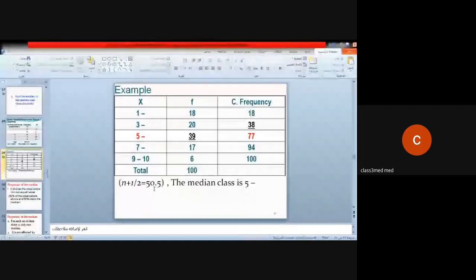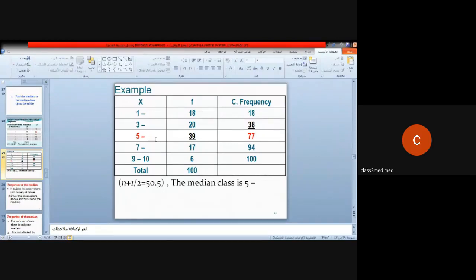So the median is the average of the 50th and 51st values. We go back to the table and find that both the 50th and the 51st are located in this class interval. So our conclusion would be the median class is 5 to less than 7.